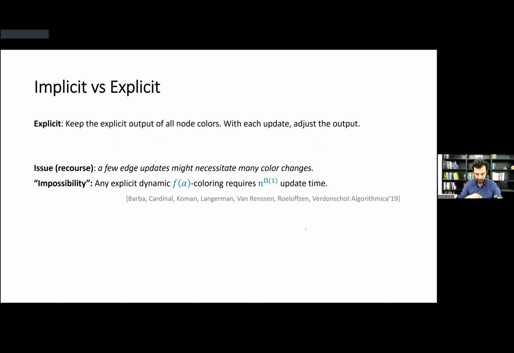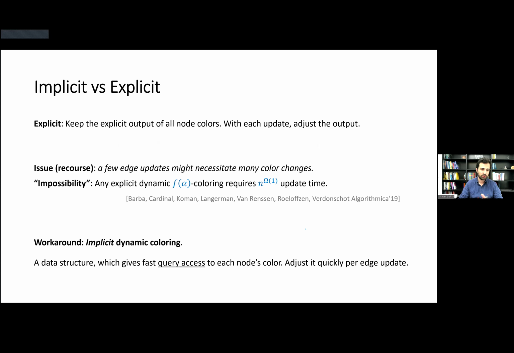Good. But there's a natural workaround. We don't necessarily need to keep the entire set of outputs explicitly. We can have these implicitly, in the sense of maintaining a data structure that we update quickly with each of these edge updates. And the data structure gives us fast access to each node's color.